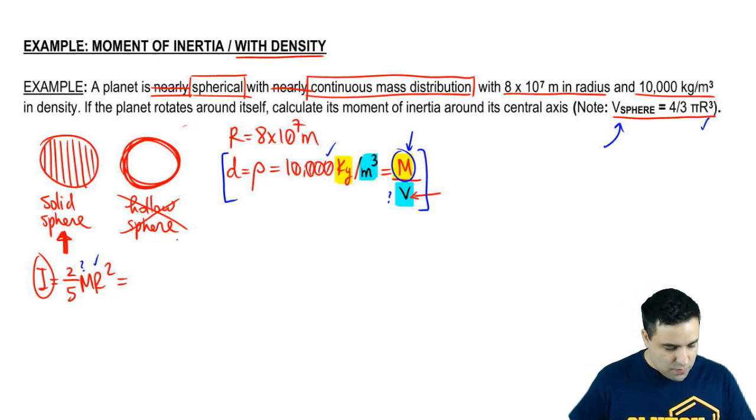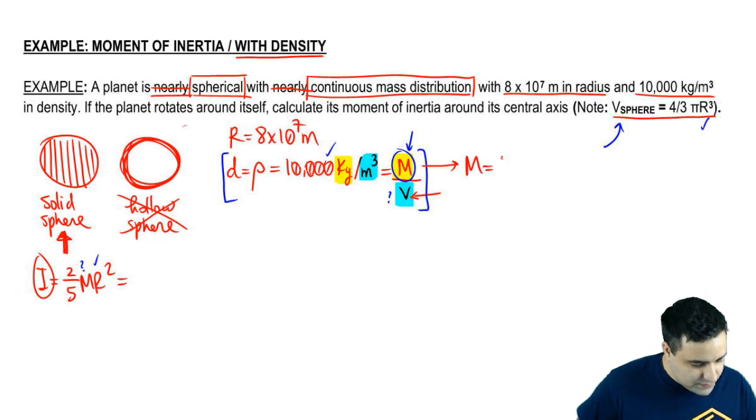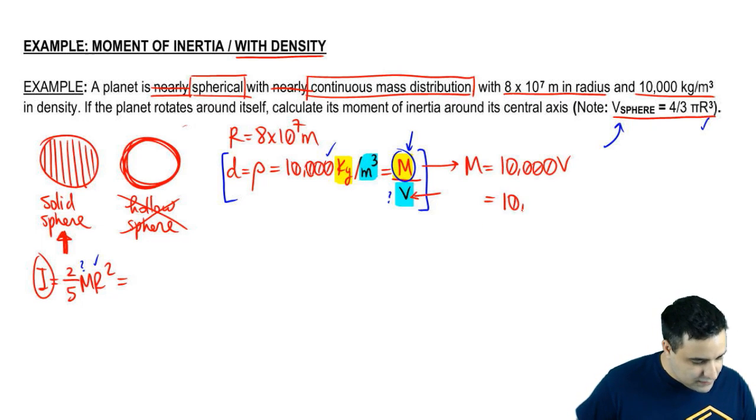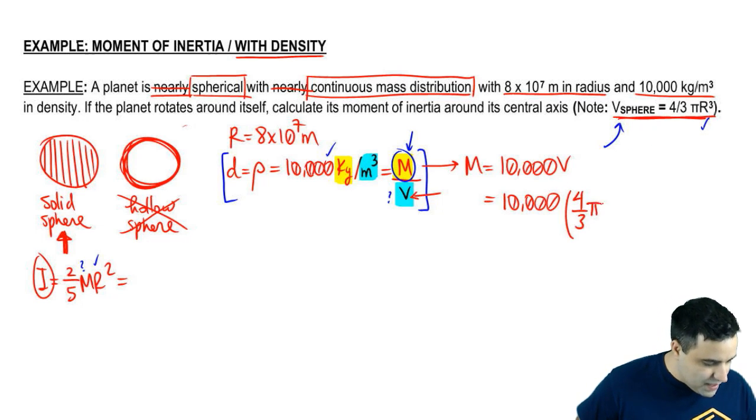So what I'm going to do right here is solve for M. In other words, I'm going to move V over here. So M equals 10,000 V. And V is, according to this equation right here, 4/3 pi r cubed.